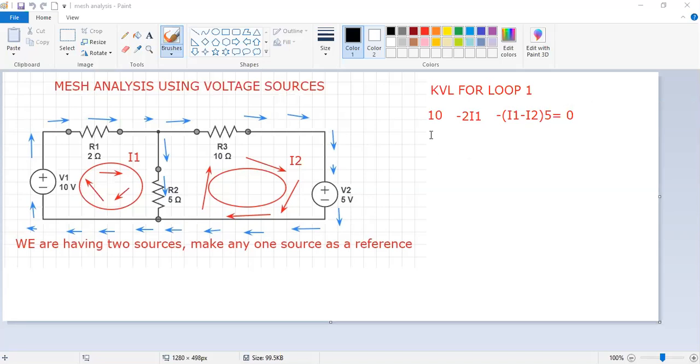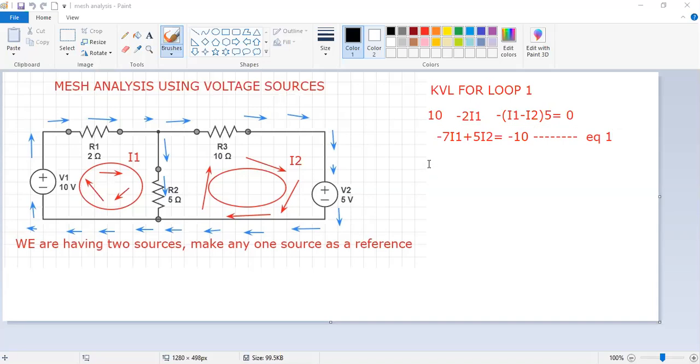Then minus 2I1 and minus 5I1, minus 7I1, and plus 5I2 is equal to minus 10. This is equation number 1.